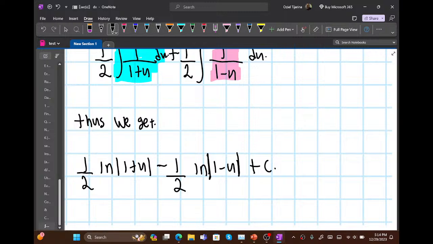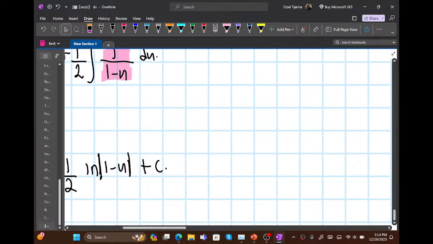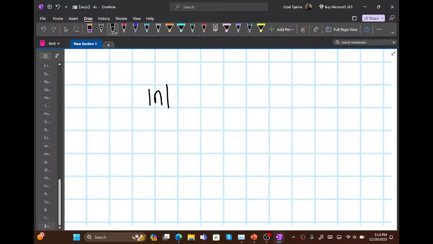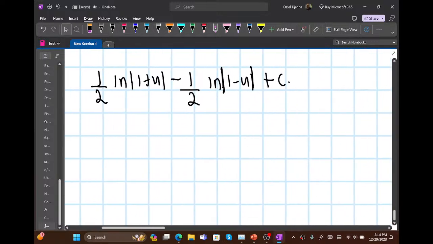Now, we are almost done, guys, but now we have to form it back into the way that we want it, because our answer in reality has to be the natural log of the absolute value of secant x plus tangent of x, plus c. So this is our answer, but we're going to have to form it this way. I'm going to show y'all how to get it to that point.